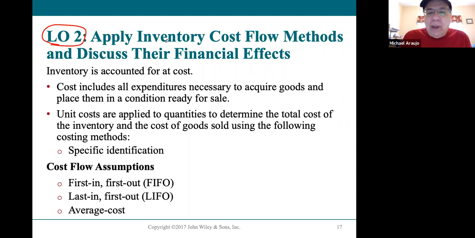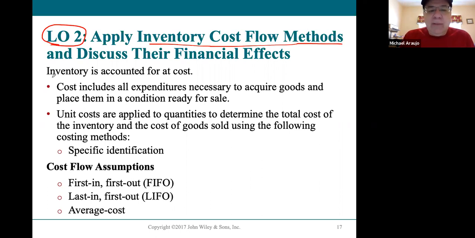There are inventory cost flow methods that allow merchandisers and retailers a choice on how they want to assign the cost of goods sold for the goods they're selling to their customers.